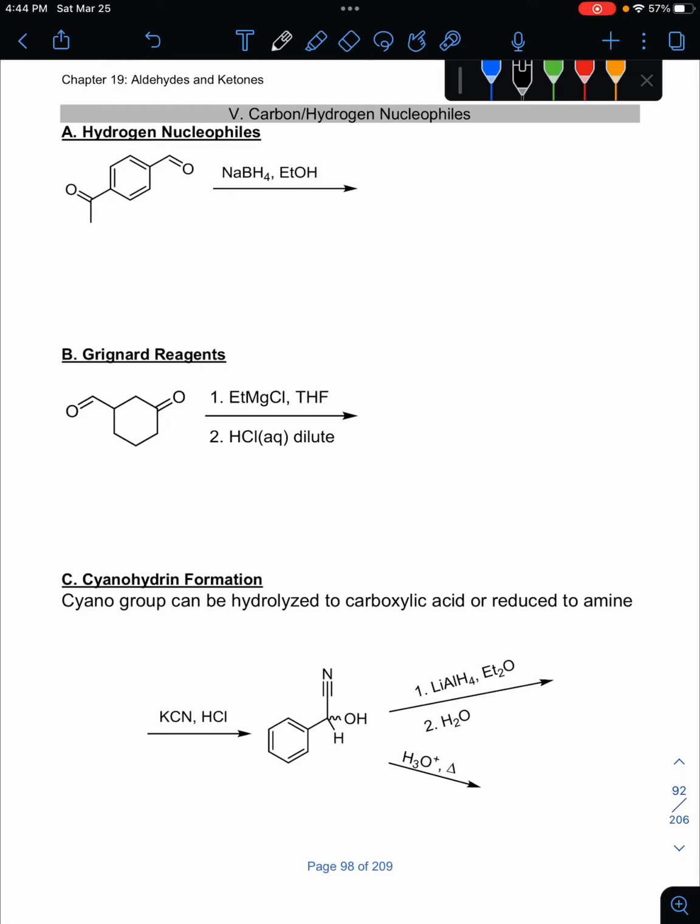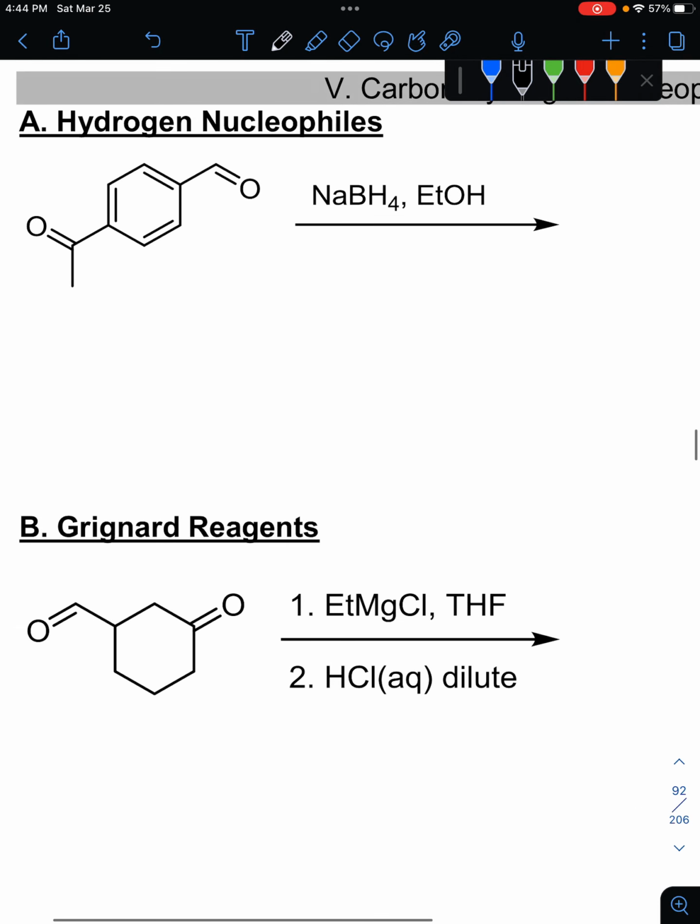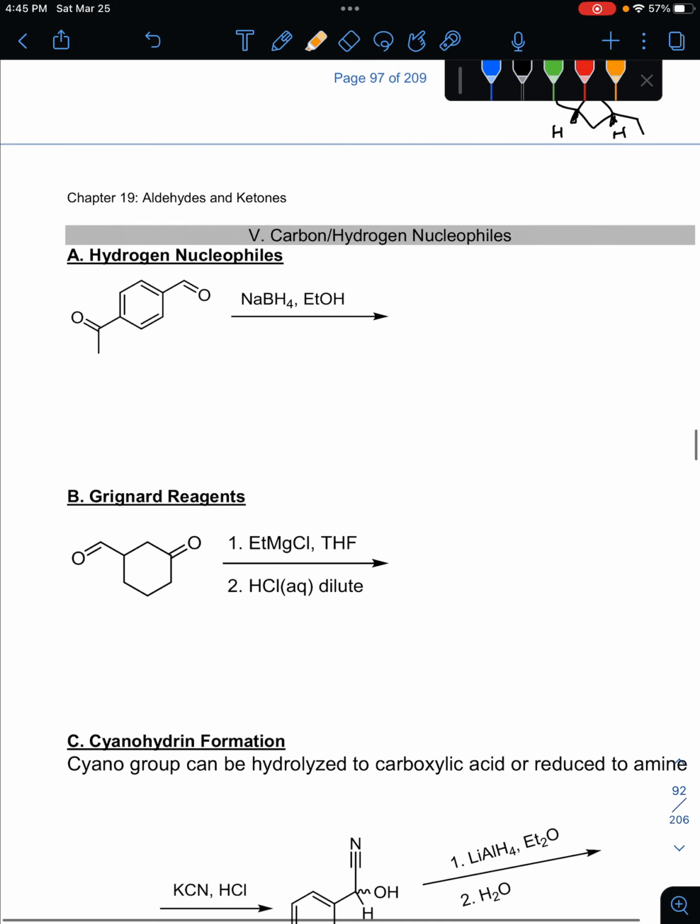Now here in this context, the only thing I want us to carefully think about is which functional group is more reactive between aldehyde and ketone. Remember that aldehyde is more reactive, so the first product that you're going to form as this reaction progresses is that the aldehyde gets reduced, but maybe the ketone is untouched.